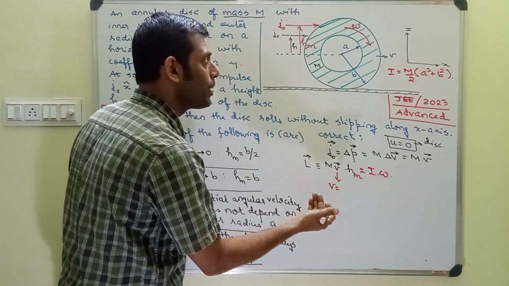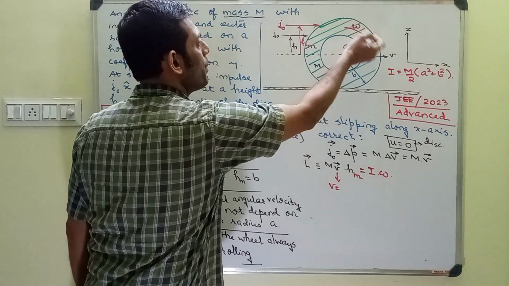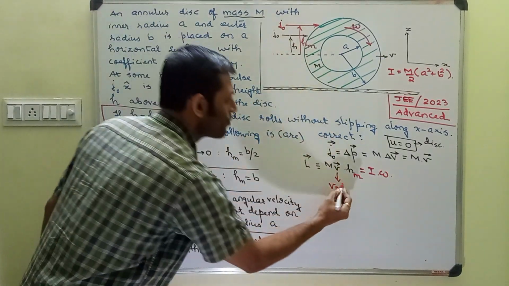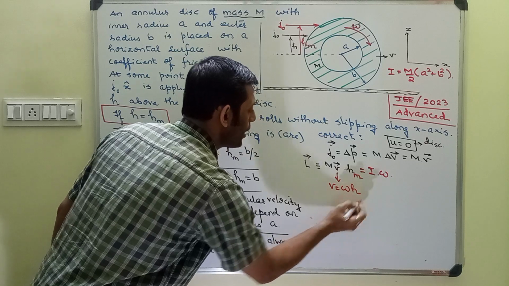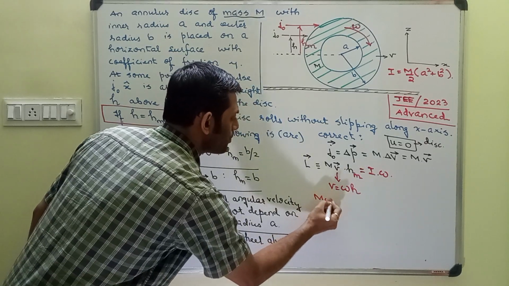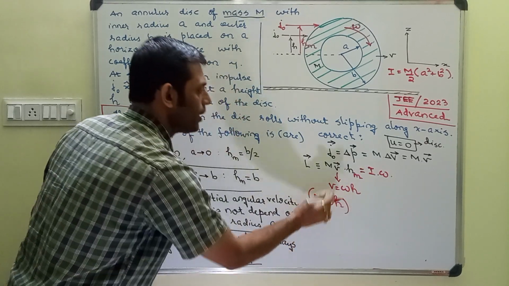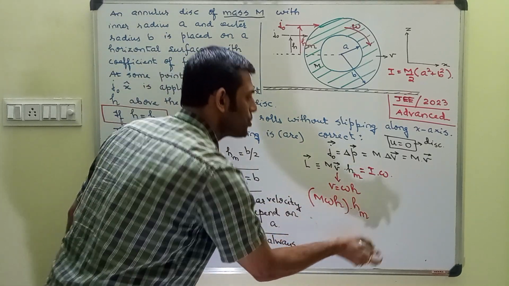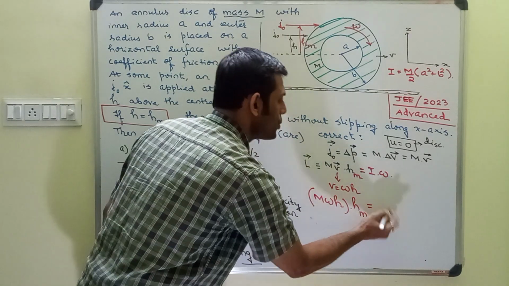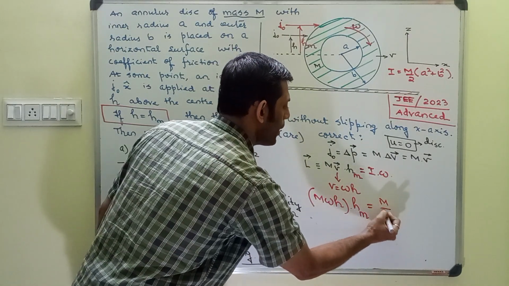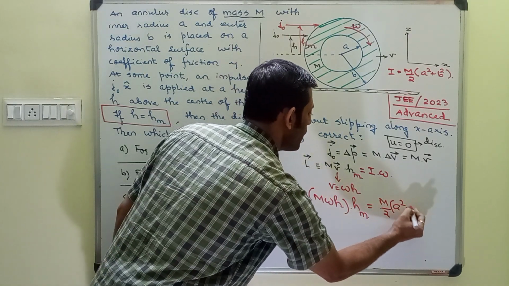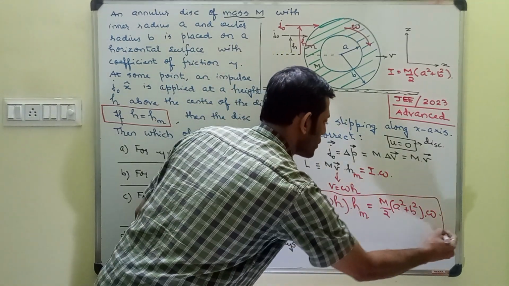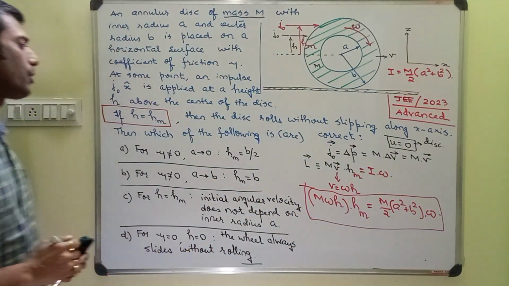Then if this is the omega attained and if this is the height of application of the impulse initially, then it can be equal to omega h. Therefore, m omega h, basically the momentum into hm, becomes the angular momentum, and which is equal to m by 2 into a square plus b square into omega. This is the basic equation with which we can solve the question.